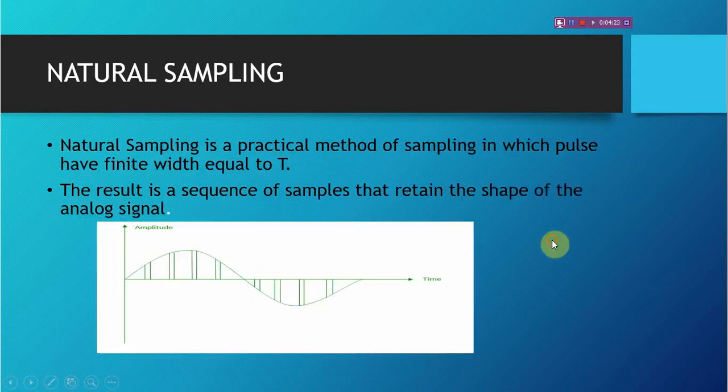And natural sampling is a practical method of sampling in which pulses have finite width equal to T. So the pulses have different amplitudes and the amplitudes are sampled. The result is a sequence of samples that retain the shape of the analog signal.